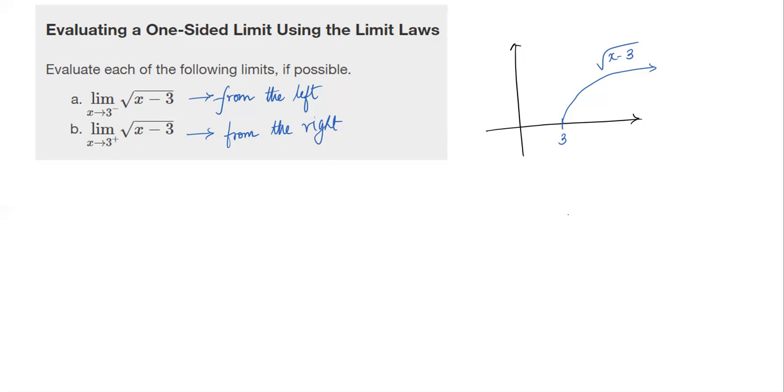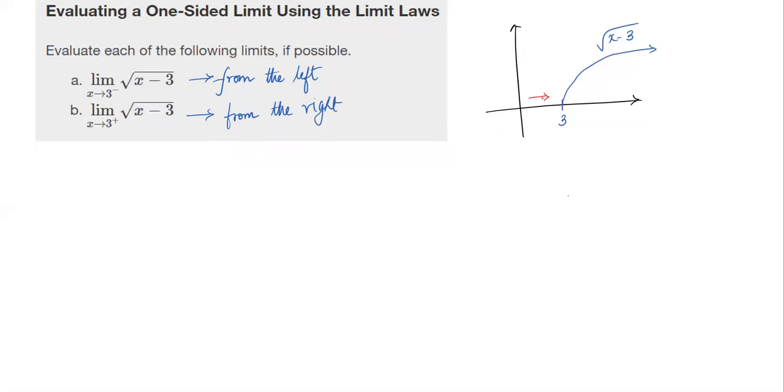Our focus here is what happens as we approach 3 from the left and as we approach 3 from the right. So clearly, there is no function happening on the left of 3. The function actually begins at 3 and moves to the right. So that is what we need to understand when we explain the result for answer A.